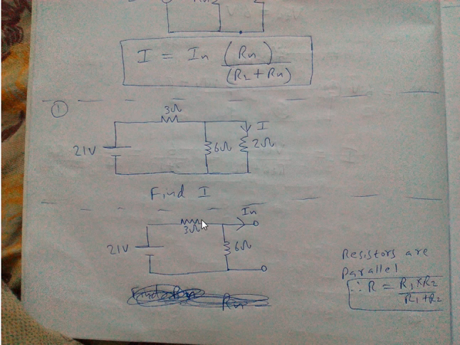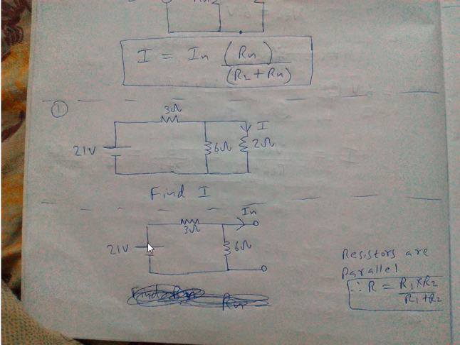When the current passing through this network reaches here, it can go to this side and it can go to this side. But here one resistor is there, and here nothing is there. It is an open circuit. So current always tends to flow to this area, because this area doesn't have any resistors. So it goes to this side.